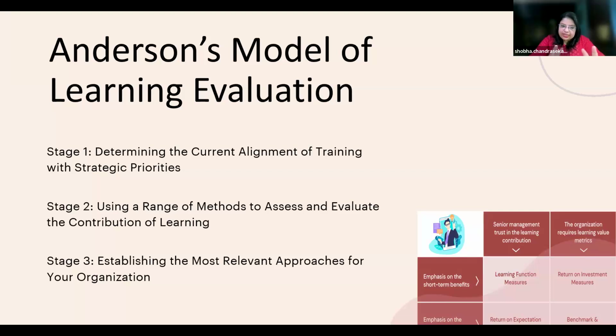So in the first stage, you've assessed that the training is aligning with the strategic priorities. Now you are checking, with various methods, whether the contribution of learning is in the right way. What methods would you use? To give you an example, maybe on-the-job observation, or in this case, because it is international, you will do an assessment.